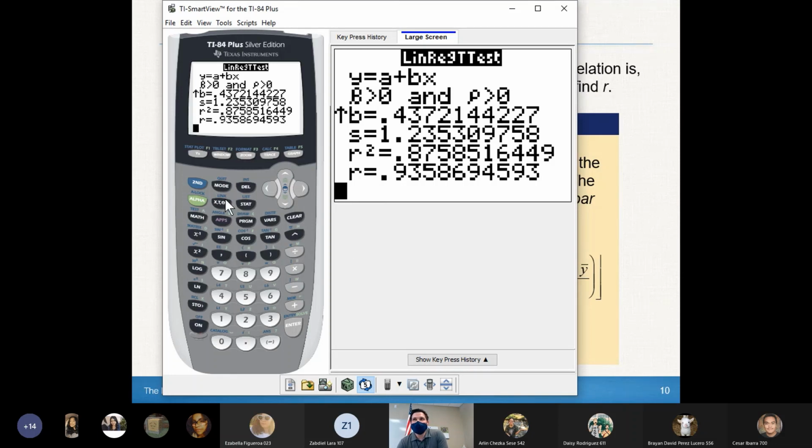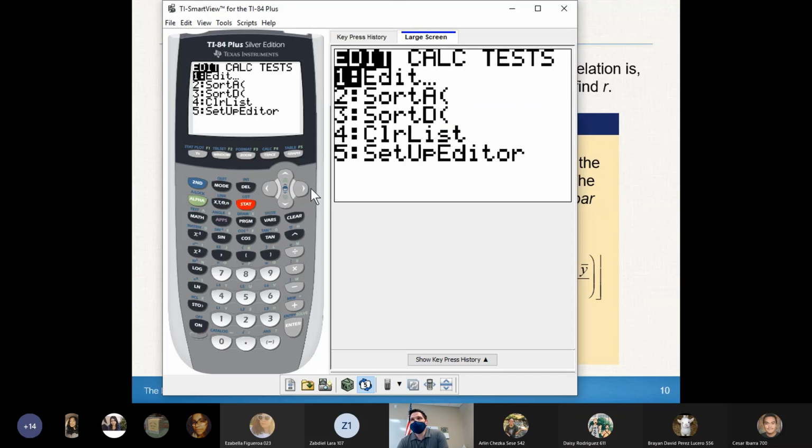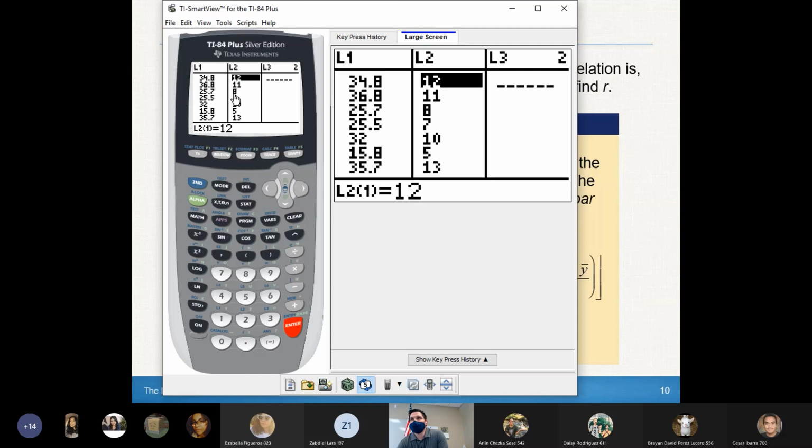Essentially, all we have to do is put our data into the statistical lists, L1 and L2, L1 being your x explanatory variable values, L2 being your y response variable values.